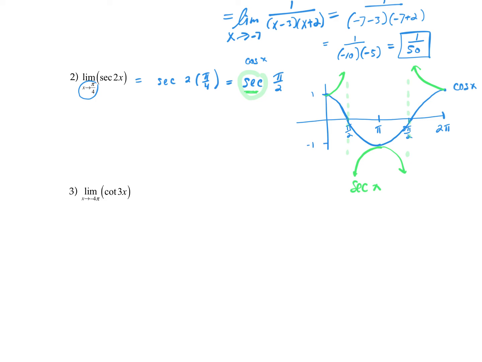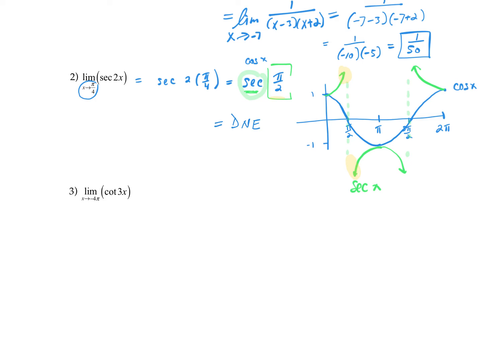All right, we want to look at the secant of pi over 2 radians. So check out what's happening at pi over 2. And what I notice in there is that on the left-hand side, it's approaching positive infinity. And then on the right-hand side, it's approaching negative infinity. When the graph is approaching two different infinities at the point where we're trying to find the limit, we say the limit does not exist, DNE.